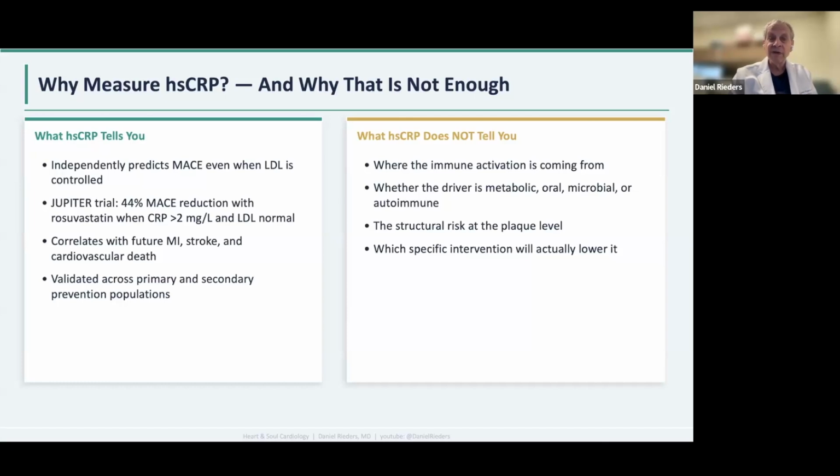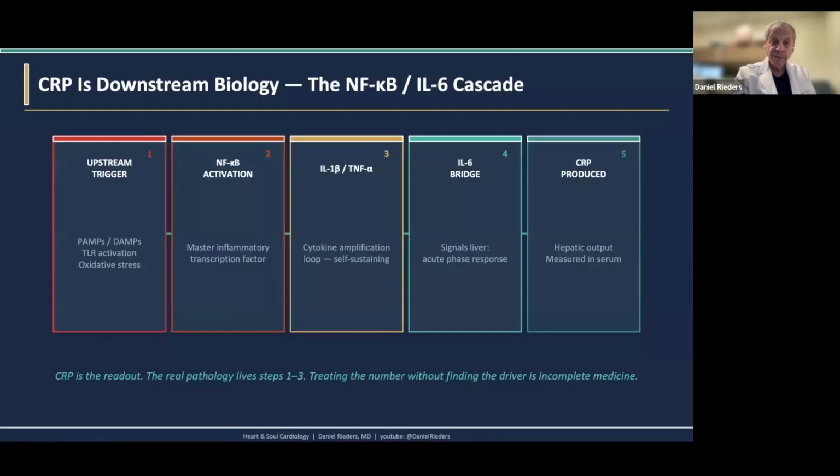And so even though the cholesterol is controlled, it's looking at something else and amplifying something else. It doesn't tell you where the problem is. That requires some further questions and testing, or making assumptions. Sometimes when we make assumptions, we do the wrong thing.